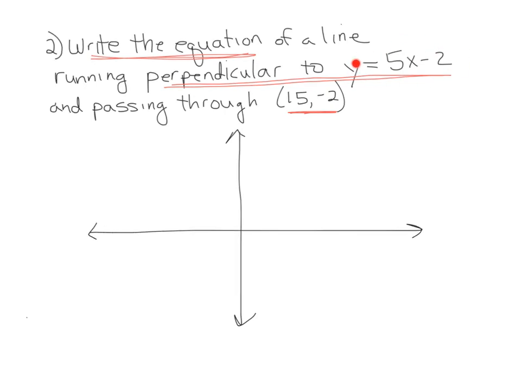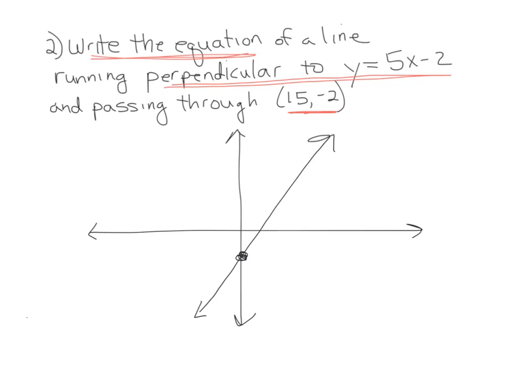So this line is running uphill. It has a slope of 5, and its y-intercept is negative 2. So it's passing through negative 2, so maybe right around down here, and it's going uphill, up 5 over 1. So it's pretty steep. So that's a rough sketch of this line.